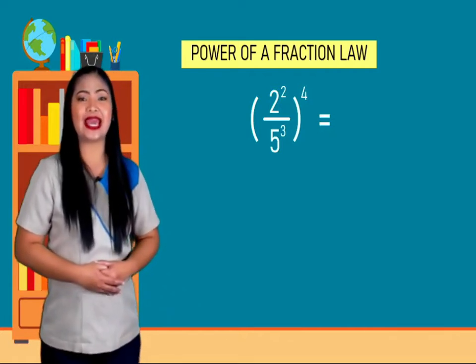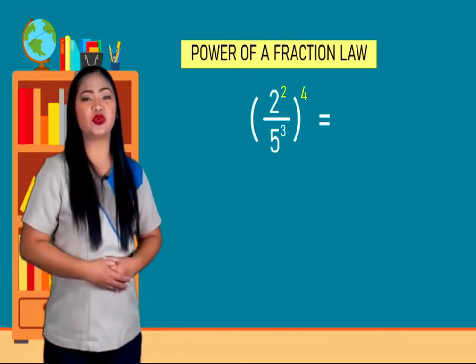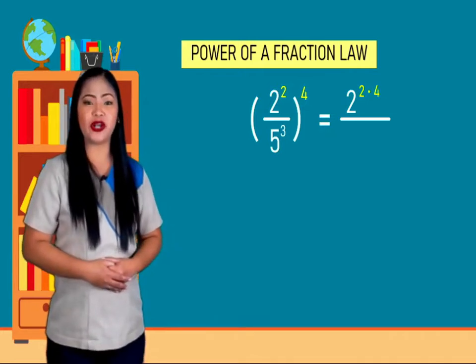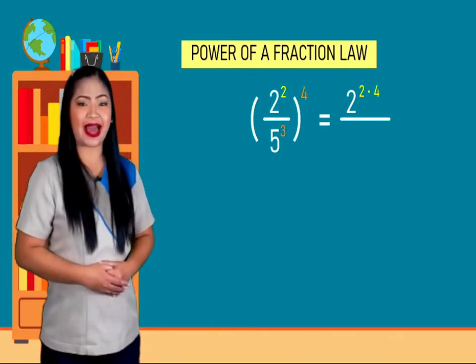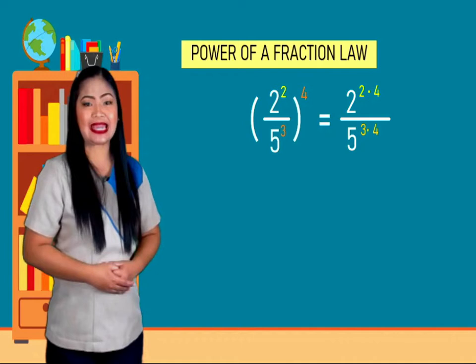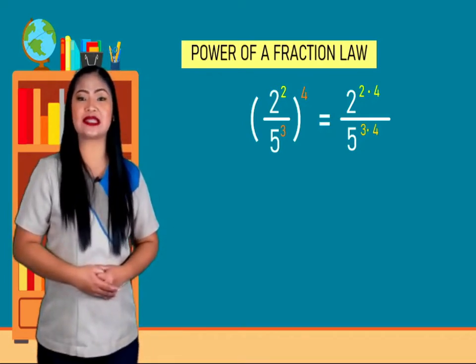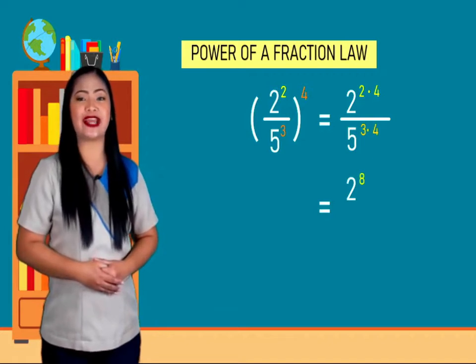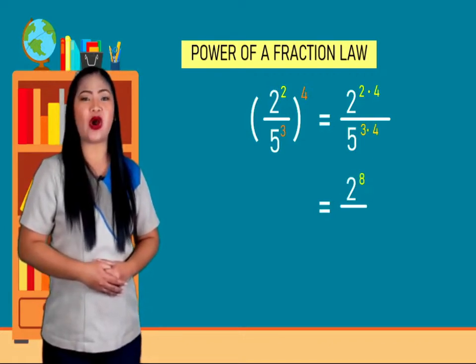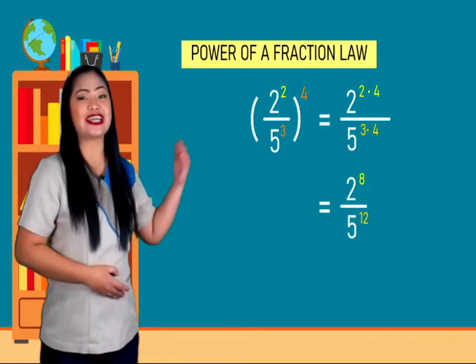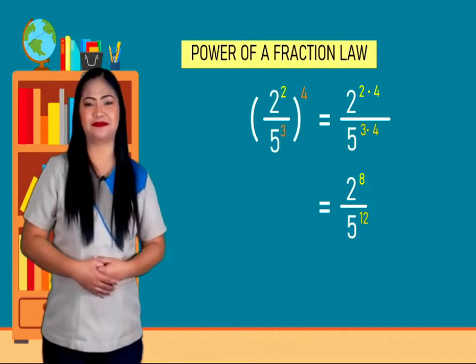So that would be 2 raised to 2 times 4 over 5 raised to 3 times 4. Multiplying the exponents gives us 2 raised to the 8th power over 5 raised to the 12th power.